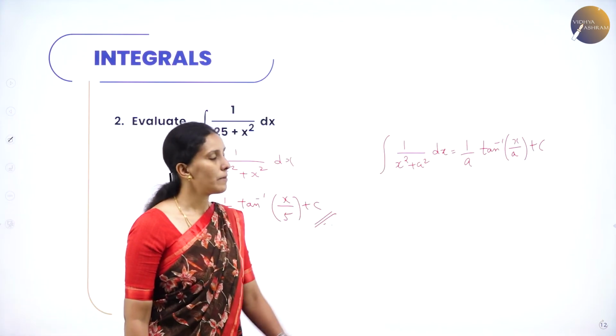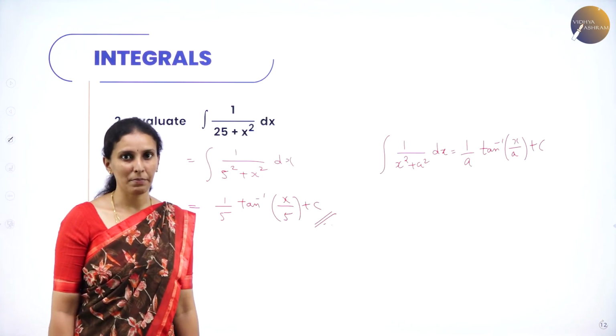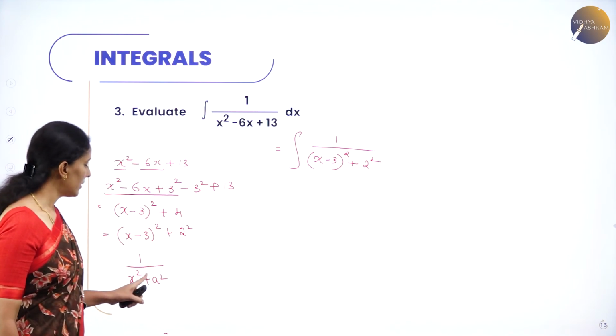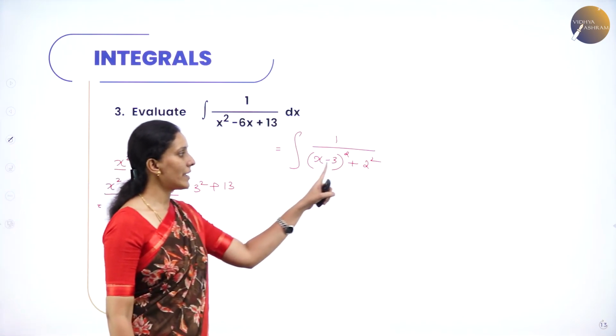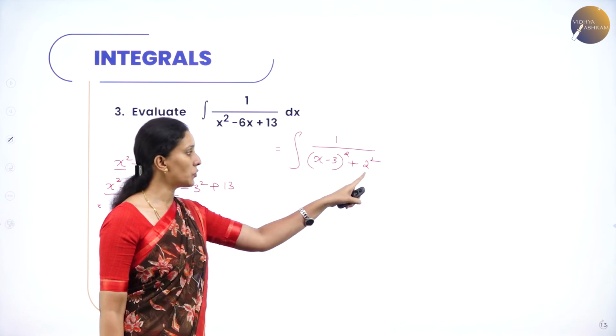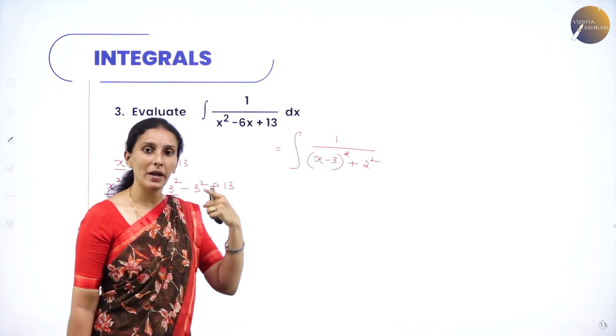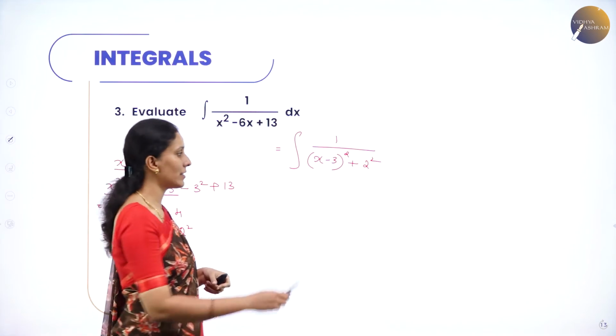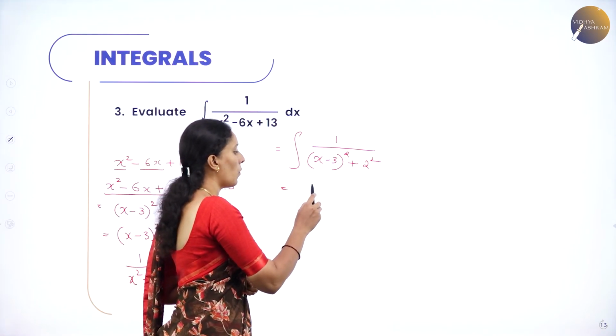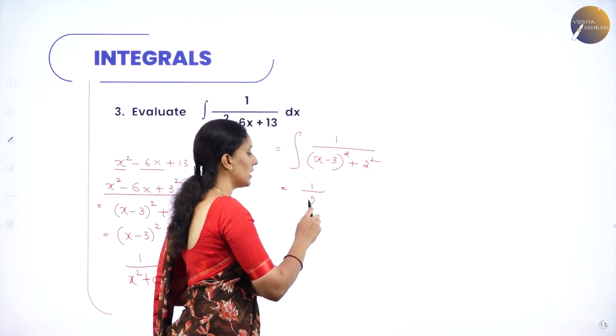So what is 1 divided by x square plus a square? This is 1 by a tan inverse x by a. So therefore this can be written as 1 by a. What is the value of a? It is 2. And tan inverse x: in the place of x, you have x minus 3. So substitute x minus 3 only. So therefore, 1 by a is 1 by 2 here.